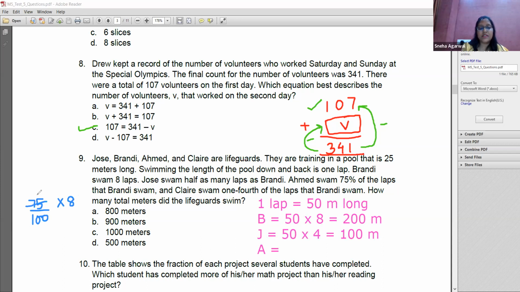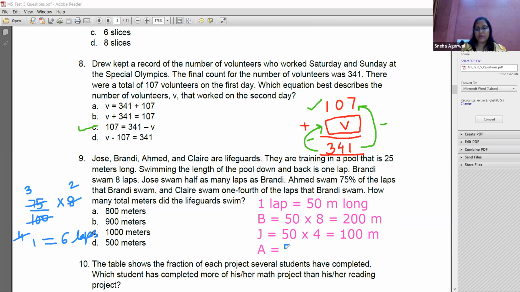We can cancel this by 25. 25 threes are 75 and 25 fours are 100. Then we can cancel again. 4 ones are 4 and 4 twos are 8. So 75% of 8 means 3 into 2 is 6 laps. So this is 6 laps covered by Ahmed.